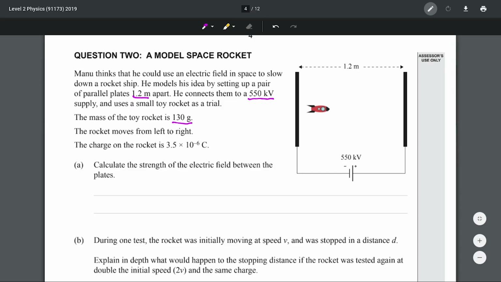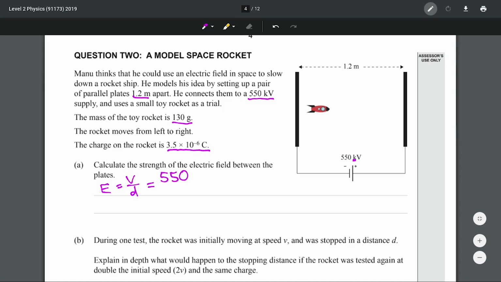The rocket moves from left to right, as we can see in the diagram. And the charge on the rocket is 3.5 times 10 to the minus 6 coulombs. And we're asked to calculate the strength of the electric field between the plates. To do this, we can use the equation on your formula sheet that the electric field equals the voltage over the distance, where we have both, so we just need to put in the numbers.